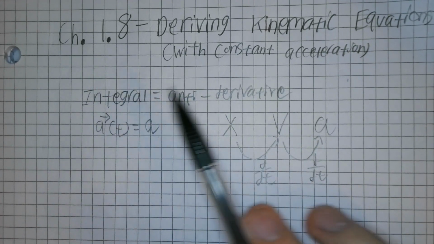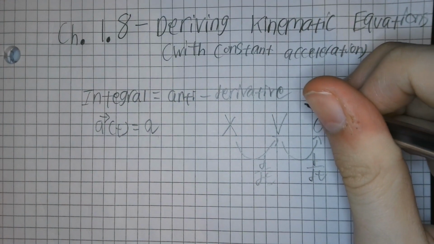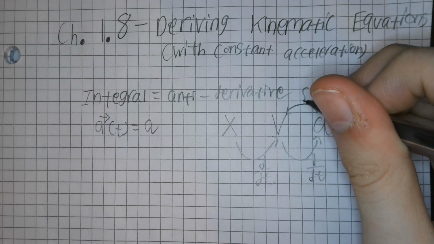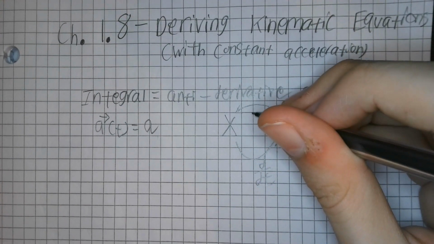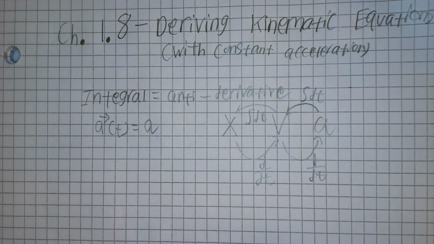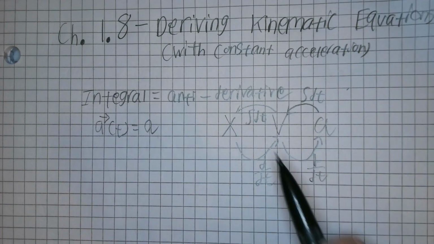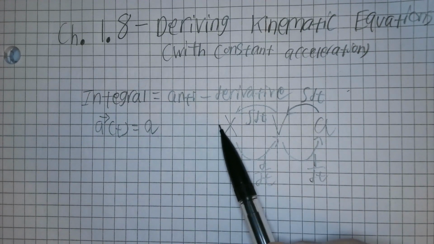Well, the integral is the antiderivative. That's going to do the exact opposite. So we're going to take the integral with respect to time. And that dt is how we write it with respect to time in this format. So we're going to take the integral with respect to time of acceleration to get velocity, and the integral with respect to time of velocity to get position.